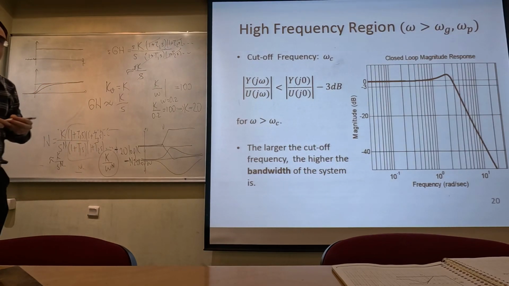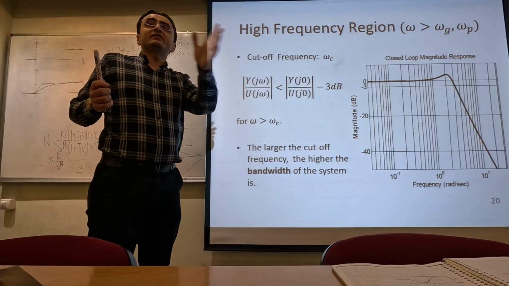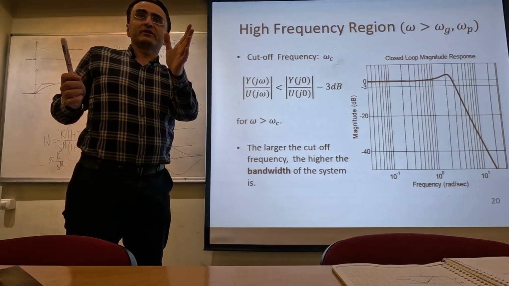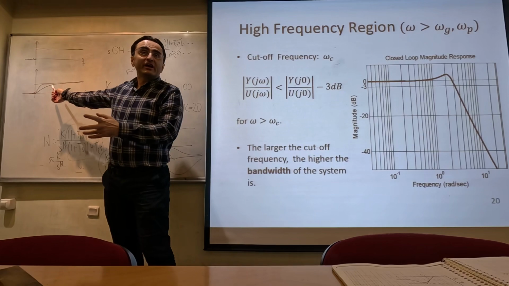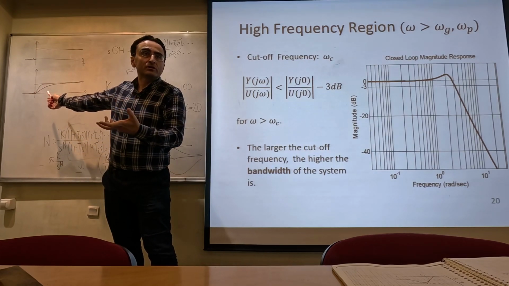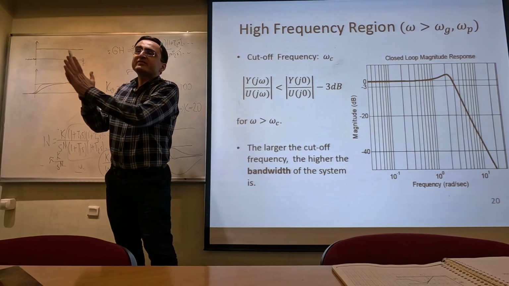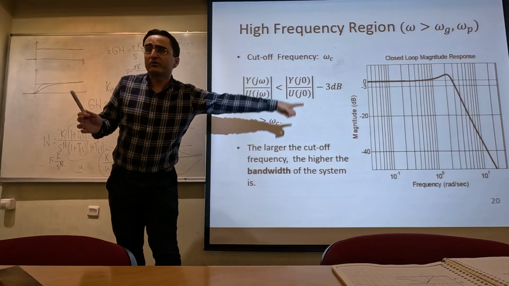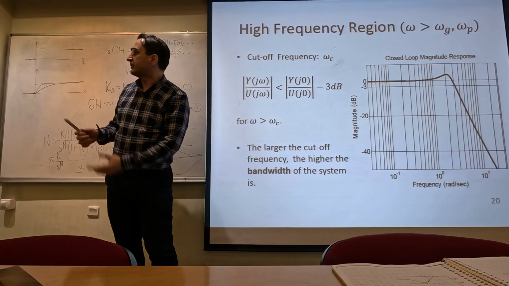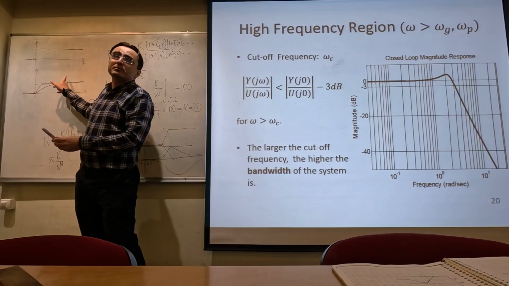So as we increase or decrease the gain crossover frequency of a system, we are changing the transient performance of the closed loop system. If we increase the gain crossover frequency, which increases the cutoff frequency of that filter, our system is going to be faster.